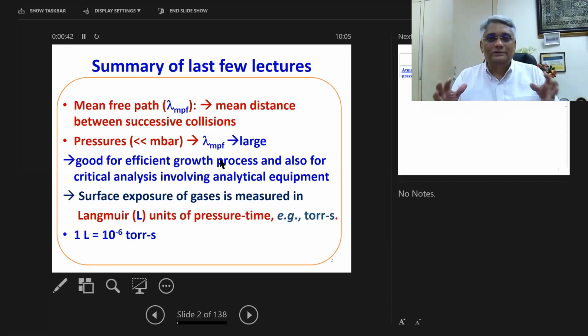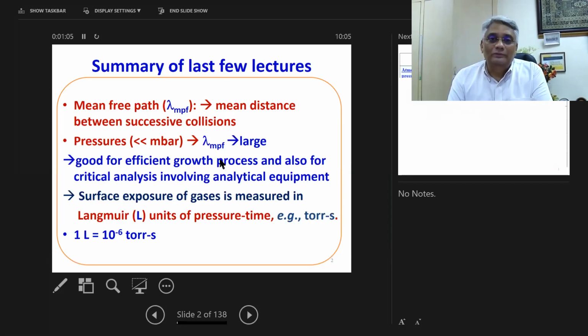So 10 raised to minus 6, 10 raised to minus 7 torr of vacuum is required if we deal with deposition of metals, alloys, intermetallic compounds. Because you need a completely gas-free and oxygen-free environment.